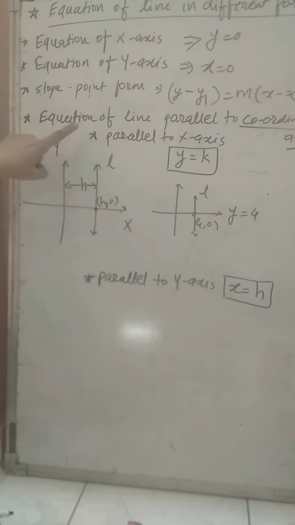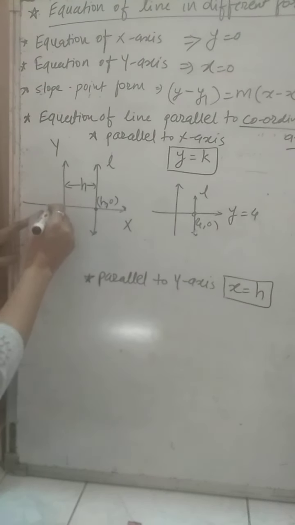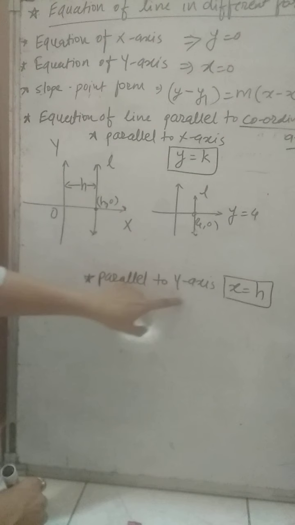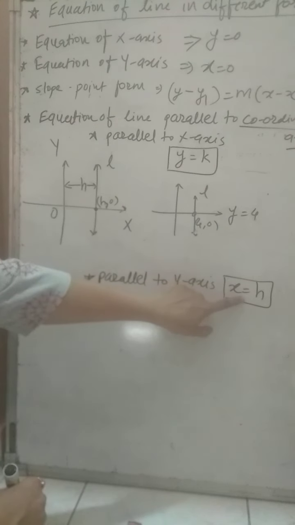Similarly, consider any line parallel to the y-axis passing through the point (h, 0) which is on the x-axis. What is the distance from the origin to that point? h, obviously. So what is the equation of the line parallel to the y-axis? x equal to h. This is the general equation.